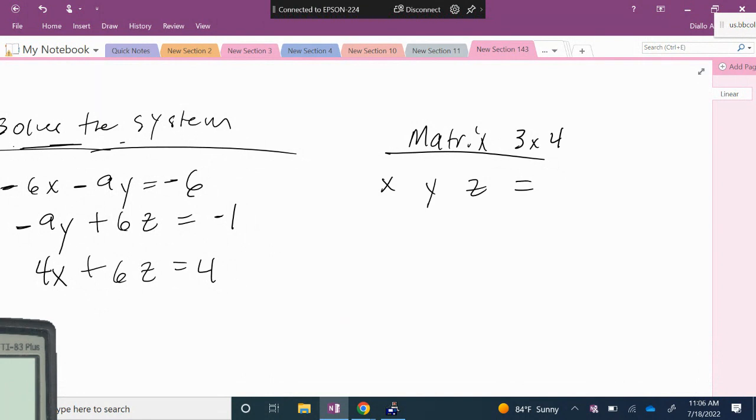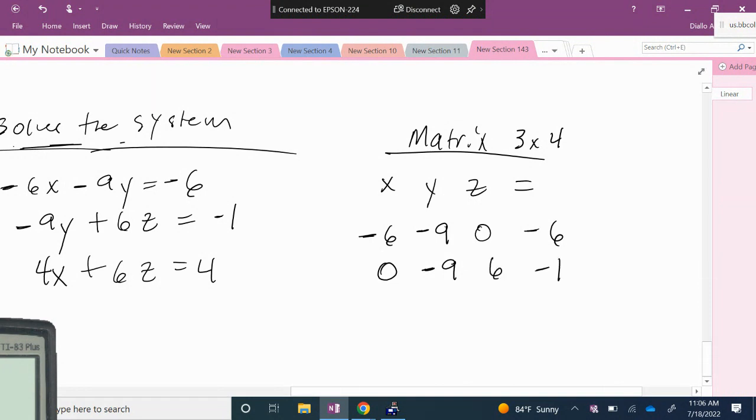So here's what I mean by that. For that first equation, we have -6x, so our first column is -6. We have -9y, so we have -9. Since we do not have a z variable, we're going to insert a 0. And then that's set equal to -6. So that is the first row. For the second row, we don't have an x variable, so we're going to put a 0 for x. -9y, so we have -9.